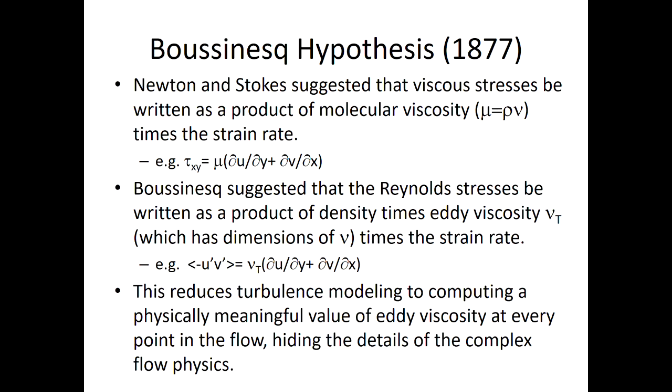What Boussinesq said was, in molecular diffusion, molecular mixing, stress is proportional to strain rate or the velocity gradient, like Newton did and also Stokes did. So this is what happens in laminar flow. Boussinesq said, I'm going to just replace this molecular viscosity with an eddy viscosity.